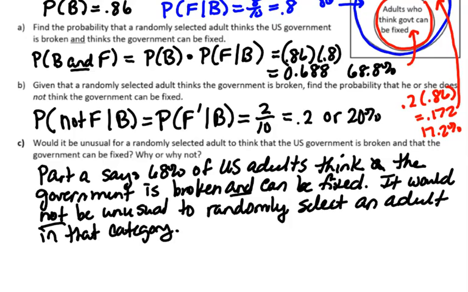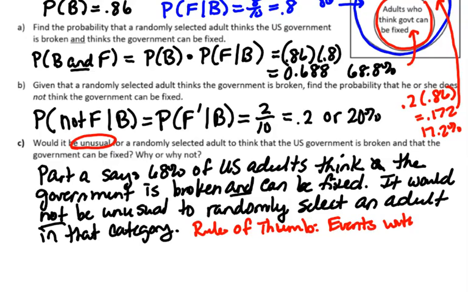Now, what would be considered unusual? So, rule of thumb. This is the word unusual, you might want to circle that. Events with a probability less than 5% are considered unusual.